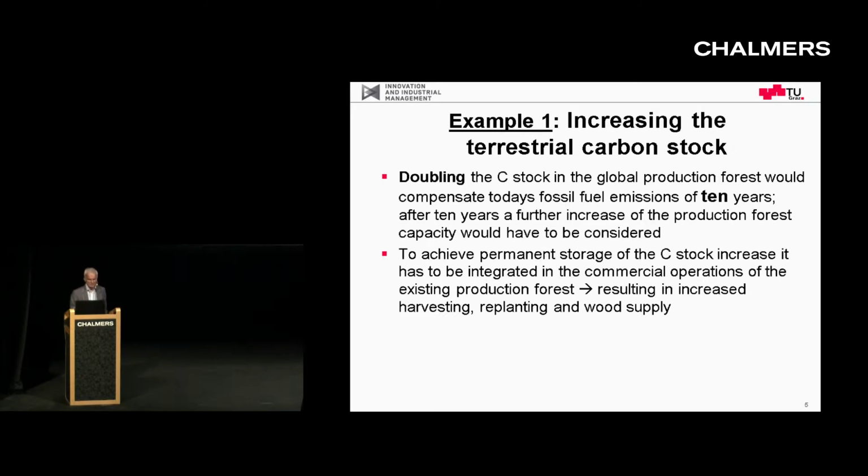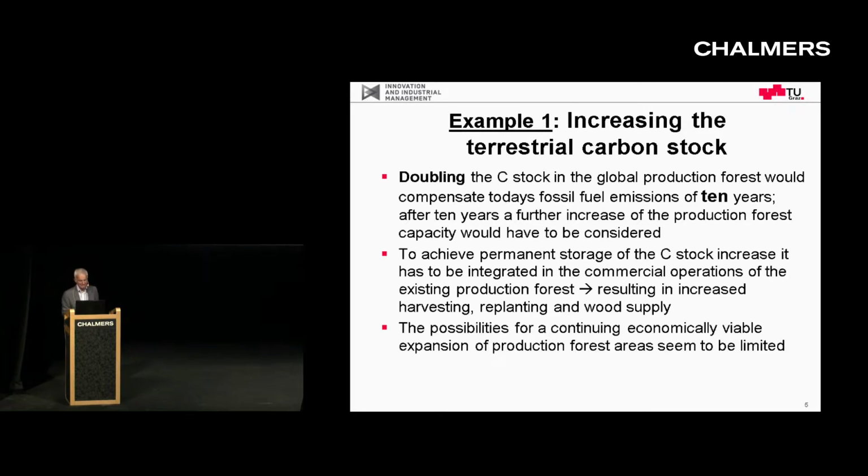To achieve a permanent storage, once you have it in this stock, the material has to be integrated in commercial operations of existing production forests, which means this is resulting in an increased harvesting, replanting, which is costly, and hopefully compensated by a larger wood supply if you're able to put it into the market. So the possibilities for a continuing economically viable expansion of production forest areas seem to be quite limited.